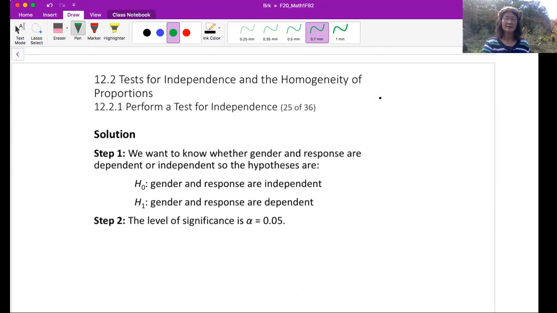Step 1, state the null hypothesis H0 and alternative hypothesis H1. H0 says gender and response are independent. H1 says gender and response are dependent. Step 2, choose alpha 0.05.